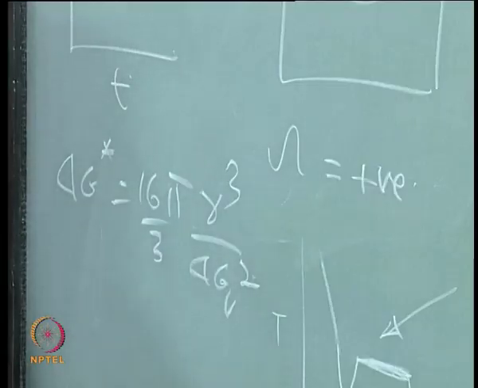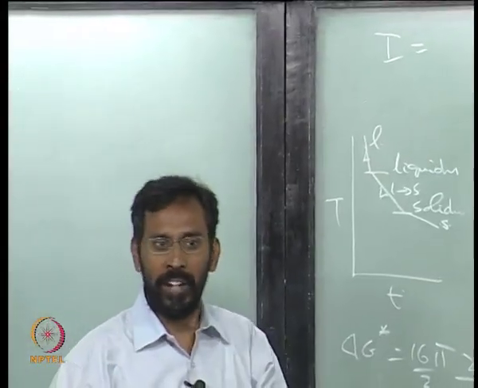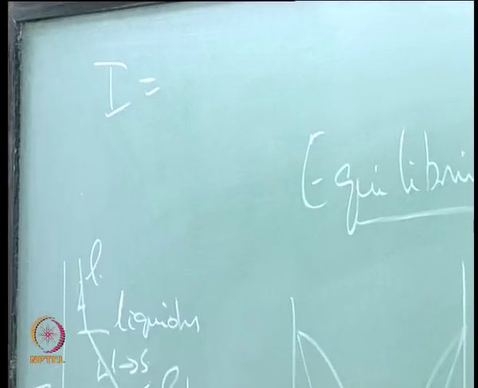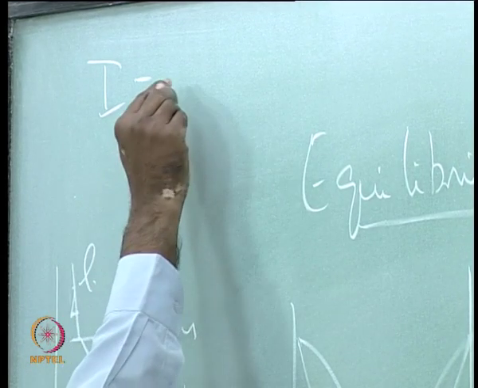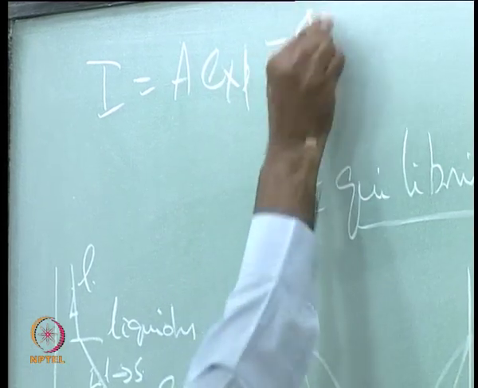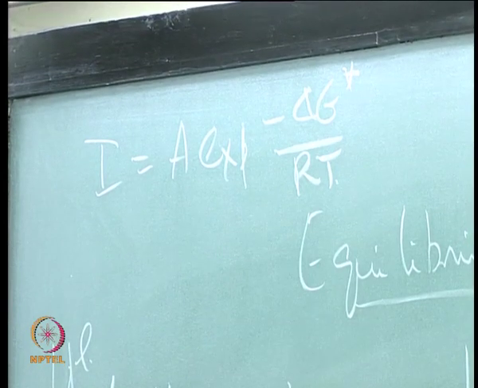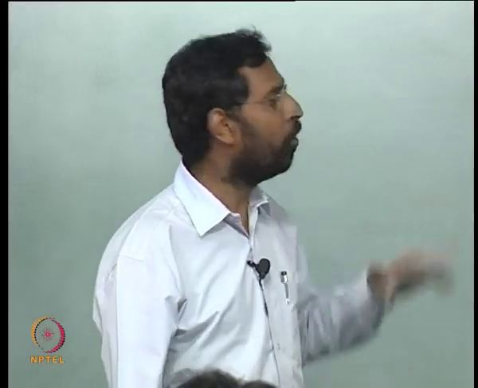And if the activation barrier is very small, if you remember your nucleation rate, anybody knows how do we define nucleation rate? This is what it is. Nucleation rate I is some pre-exponential term into exponential minus delta G star by RT.